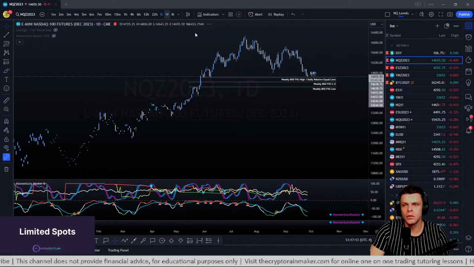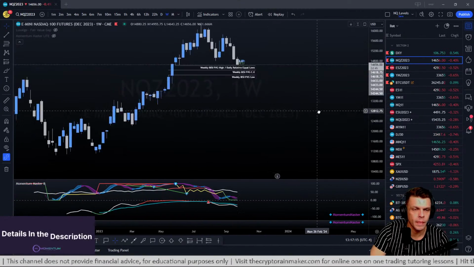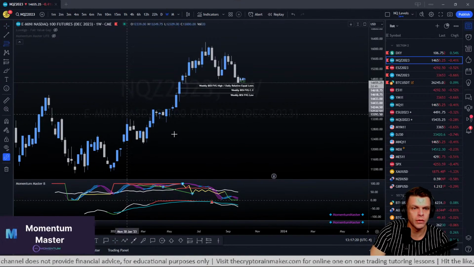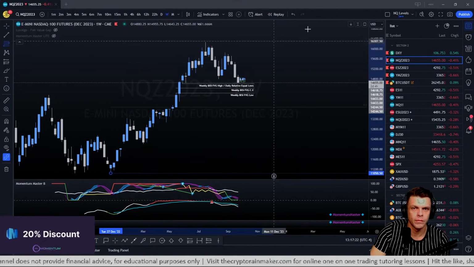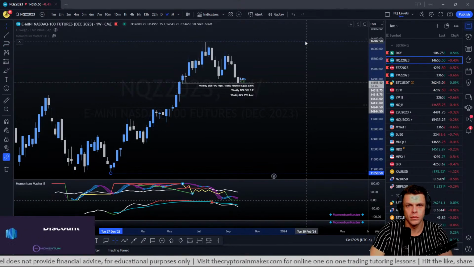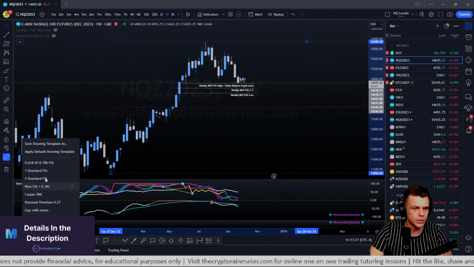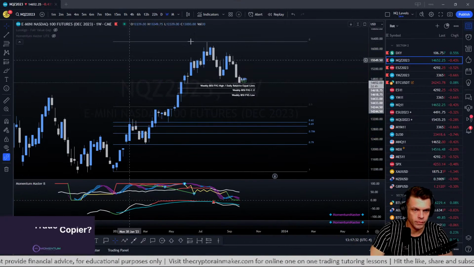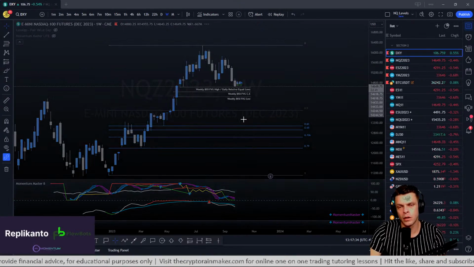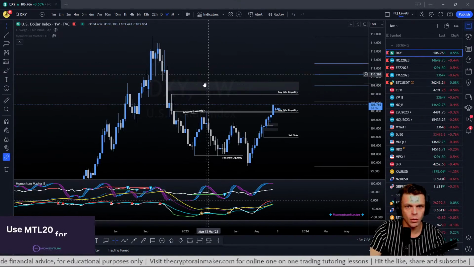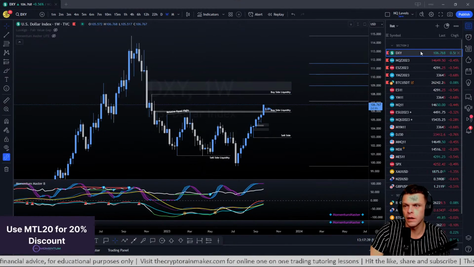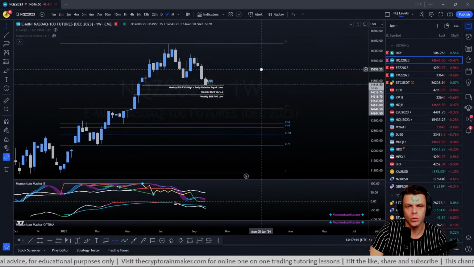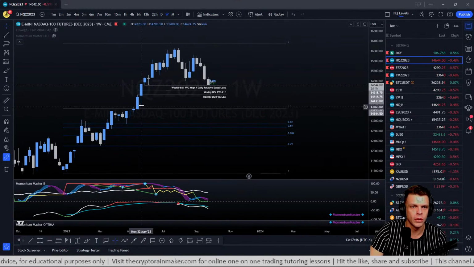So let's quickly go back to the Nasdaq. I don't know, maybe if the dollar index is gonna run that high, get a fib on this leg to the upside on the weekly chart. I mean, if the dollar is gonna push all the way towards that imbalance on the daily, then it seems likely that the Nasdaq could push all the way to the discount area on the weekly chart.